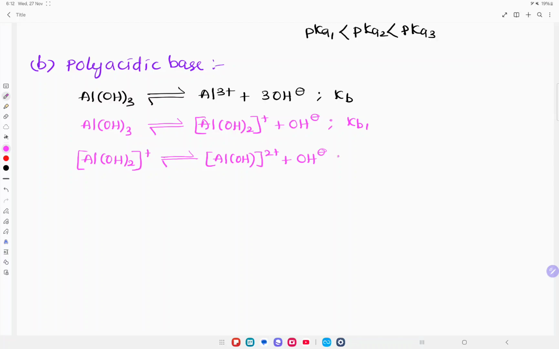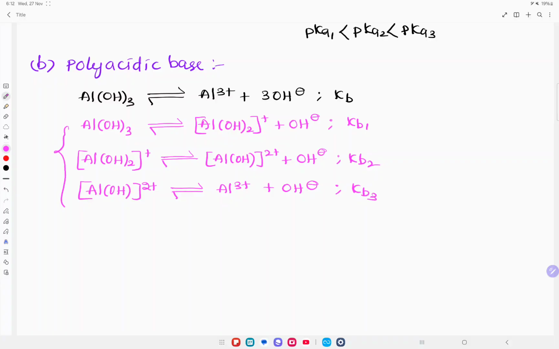For this, Kb2. Finally AlOH 2 plus gives Al3 plus and OH minus. For this, the dissociation constant is Kb3.